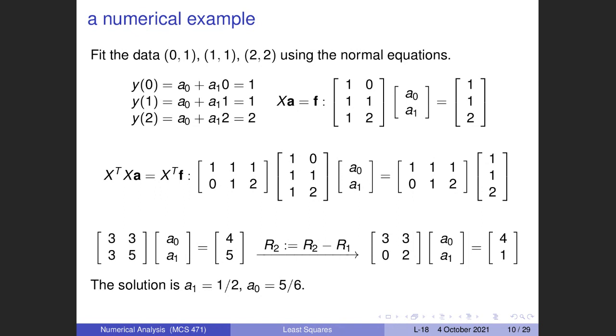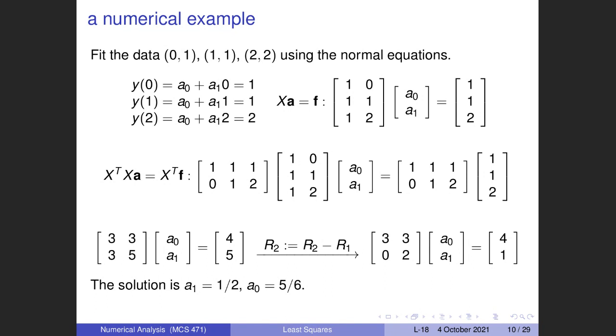We have 3 data points, (0,1), (1,1), and (2,2), and we want to fit those data points using the normal equations. We set up the matrix form, we compute the transpose, and multiply this transpose to the left of both sides. So we have a 2-by-2 system that we then solve with one simple row reduction.